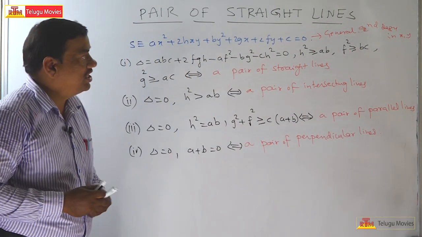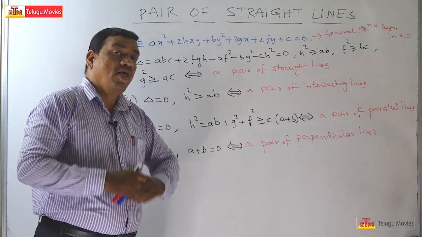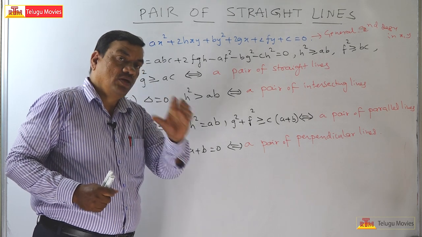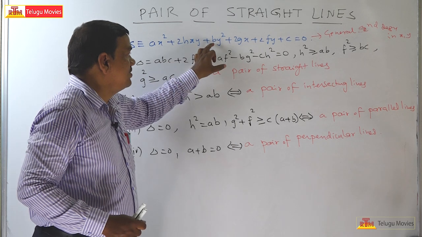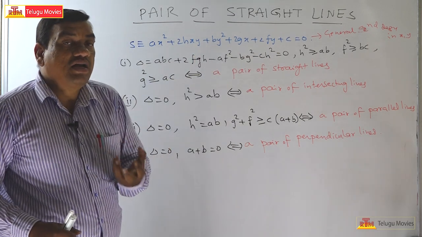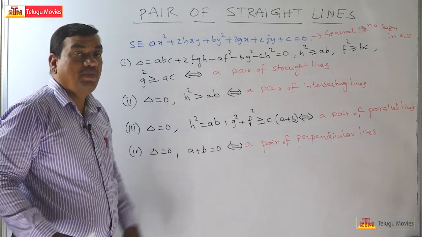But not all general second degree equations represent a pair of straight lines. Depending upon the conditions on a, h, b, g, f, c, which are real numbers, they represent a pair of straight lines.